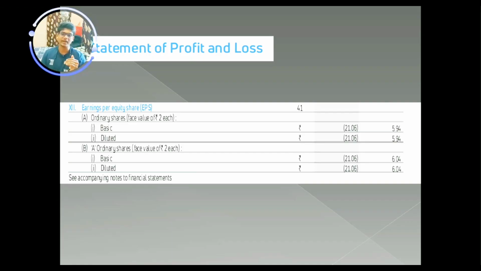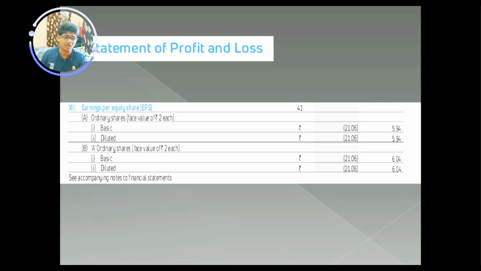Basic means today, and diluted means what the EPS will be in the future. Means if I am saying that currently there are 10,000 shares traded in the market today, it's a fixed number of shares which are traded in the market.